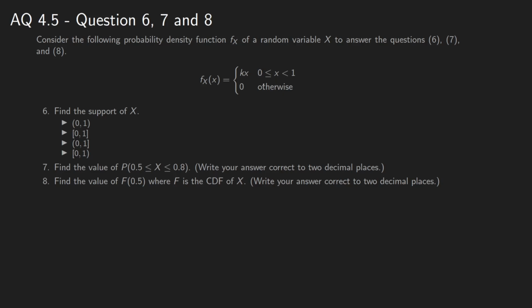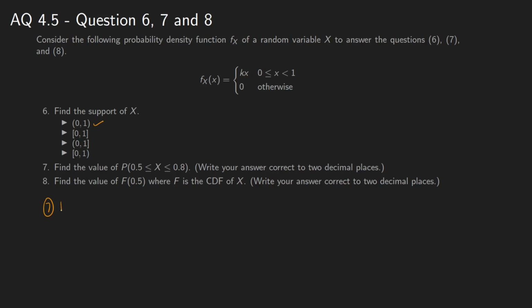There is one more thing: assuming that k is some non-zero value, the random variable takes values very, very close to 1, but not at 1, because here there is no equality sign and it's 0 otherwise. So at 1 it should be 0. So the support of the random variable x is 0 to 1, not including the endpoints 0 and 1.